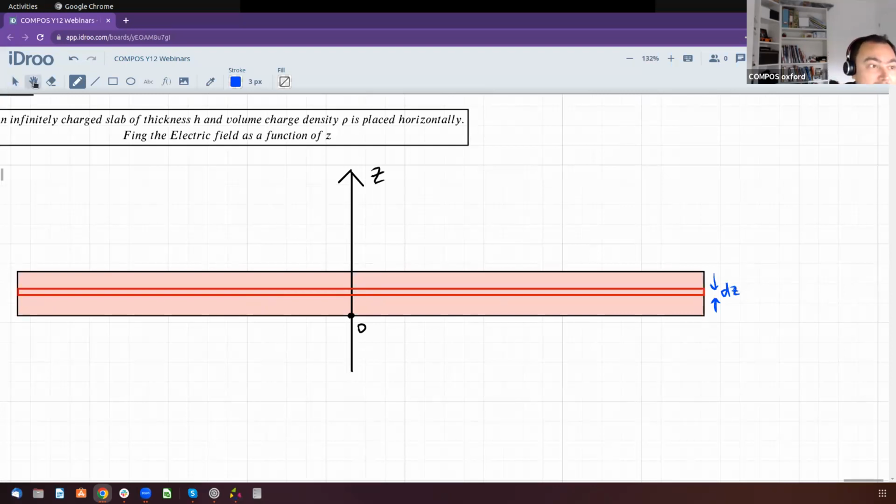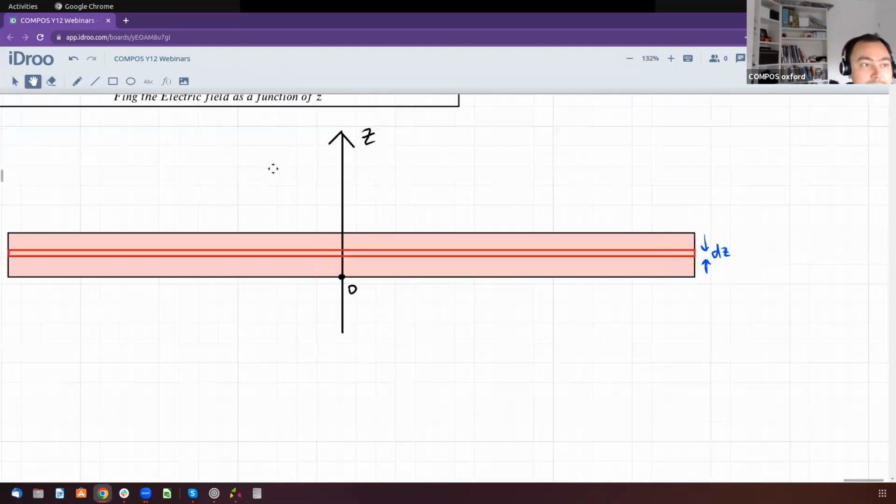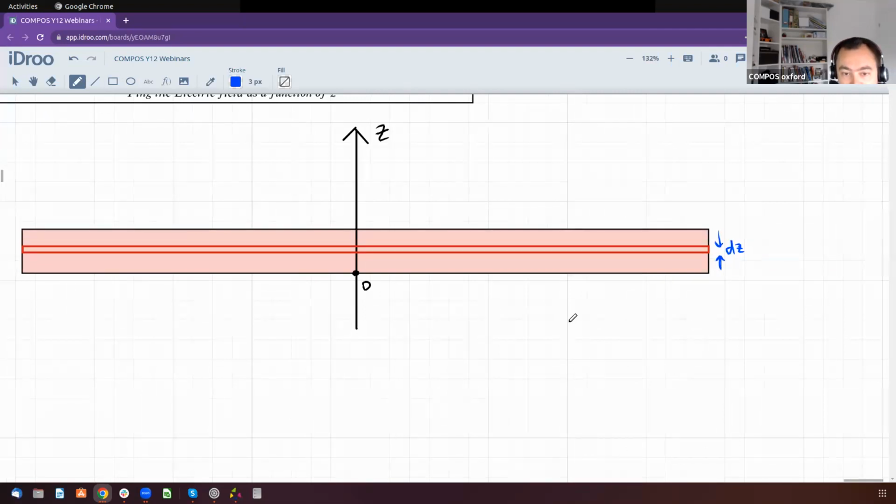And the total charge of that slice of the slab is the volume times the volume charge density rho, and the volume is area times dz, times rho.